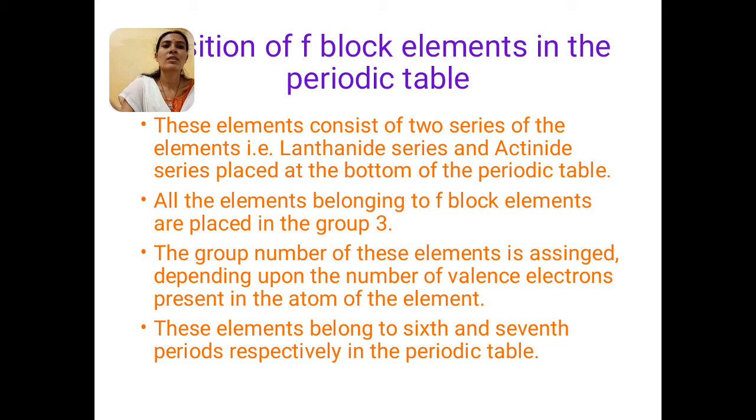The group number of these elements is assigned depending upon the number of valence electrons, means depending upon the number of electrons in the last shell in the atom of the element. These elements belong to 6th and 7th periods respectively, means lanthanides are from 6th period while actinides are from the 7th period of the periodic table.